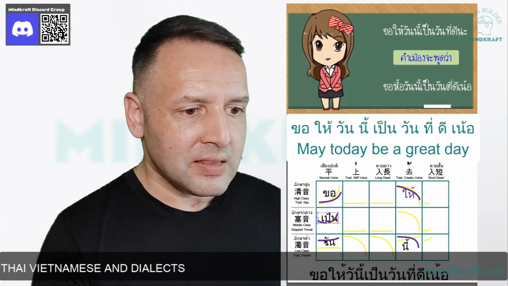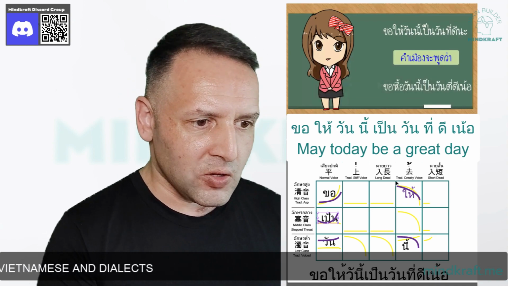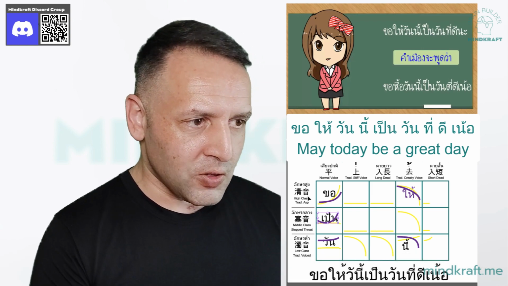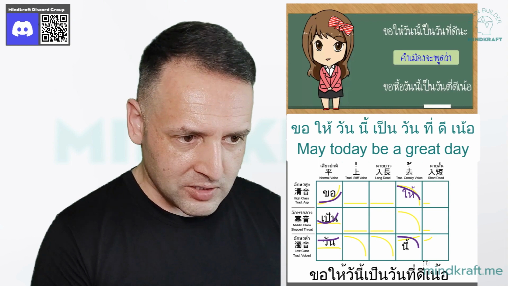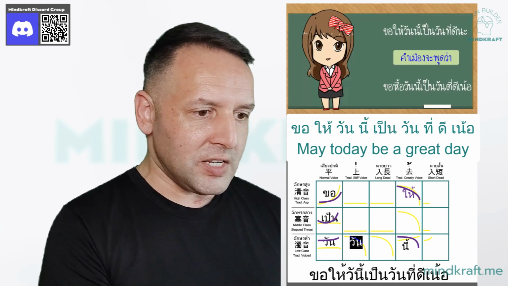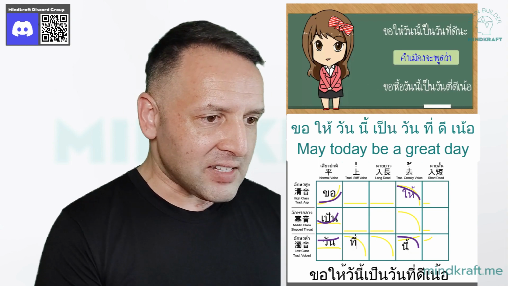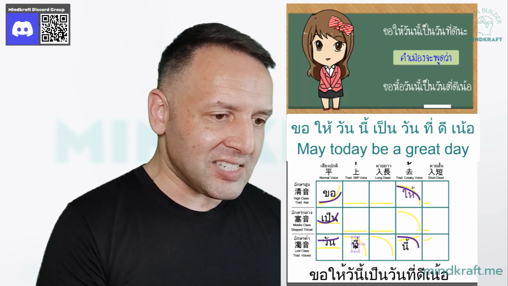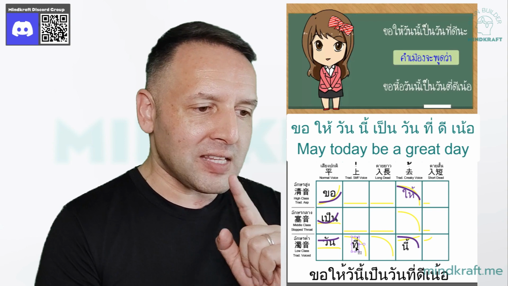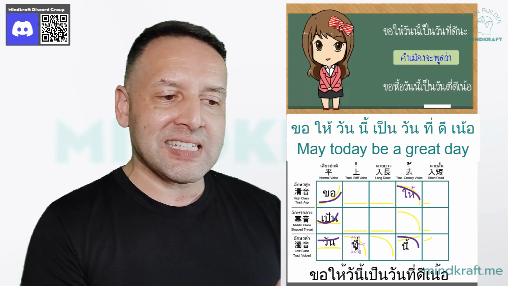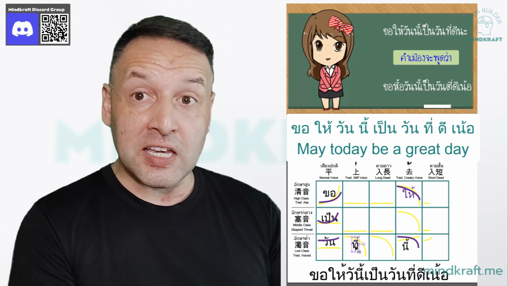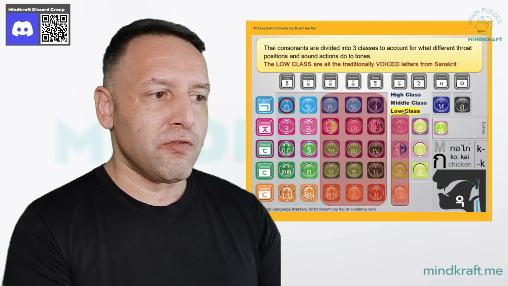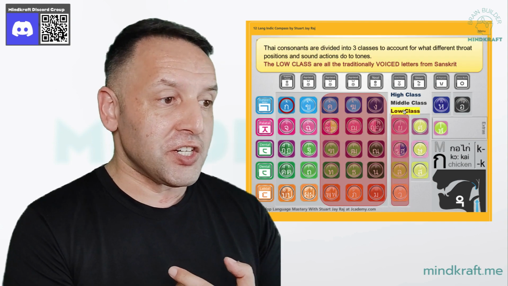Next, tii. Instead of tii they said tii, so that's an interesting thing that we also have to take note of. Let's put this one here, tii, that means that, so may today be a day that is good. Note that this tii is pronounced differently. This is a common thing in Northern Thai. Remember how I said that originally these guys were voiced, so this was actually g.